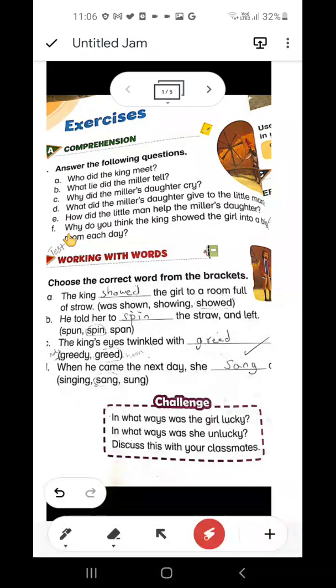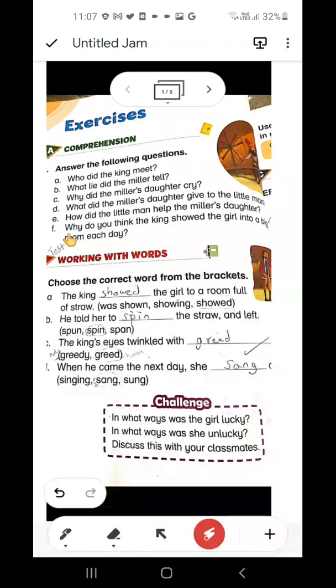Whenever we are telling any story, like Rumpelstiltskin, each line of that story was in the past because somebody was narrating the story to someone, like to the students.